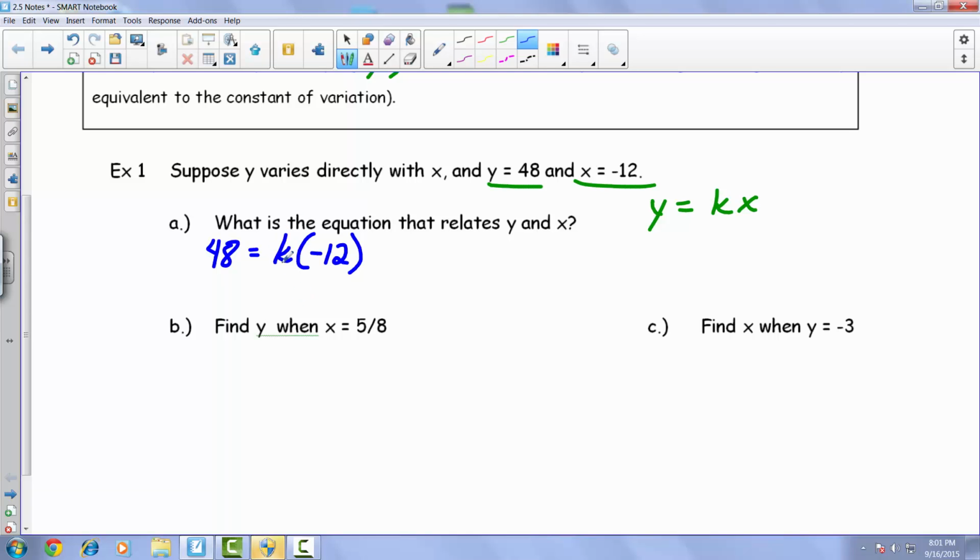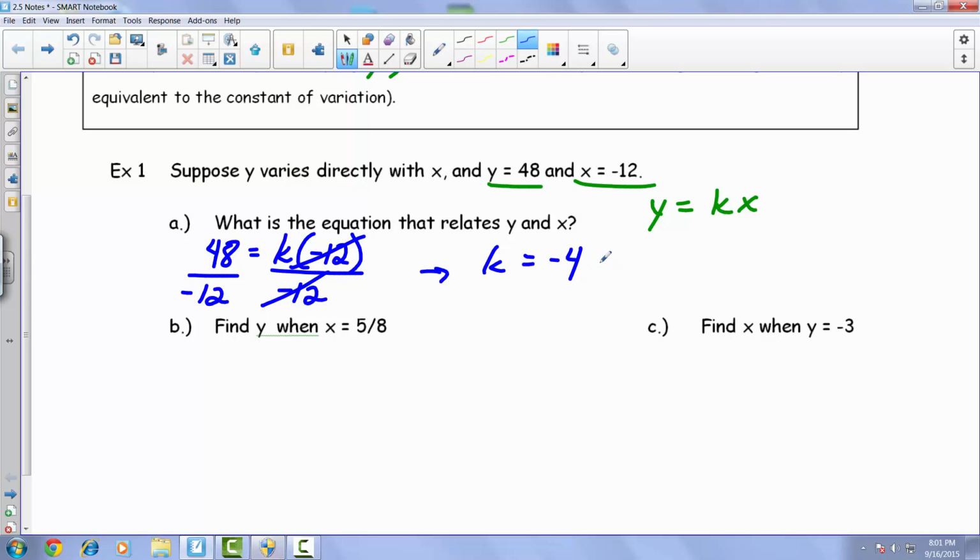From this, we can find k. We do this by dividing both sides by negative 12. And so we see that k is equal to 48 divided by negative 12, which comes out to be negative 4. So that's great. We found our k value.